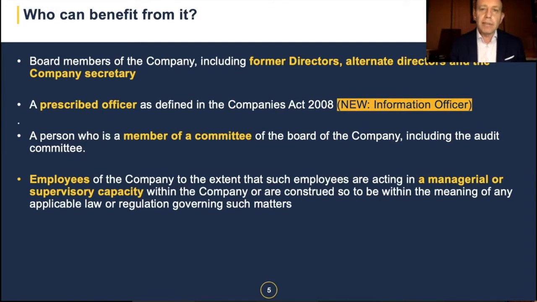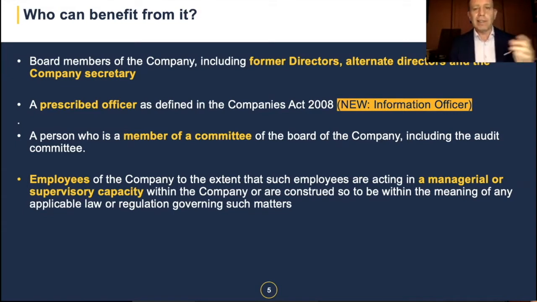And what we're seeing, a lot of brokers are giving us feedback that they're being more successful in selling D&O cover because there is this new information officer role. This person, if there's a security breach or a privacy breach at a company, could actually face jail time and a significant fine. So they should actually have D&O. They would automatically be covered under the D&O policy.